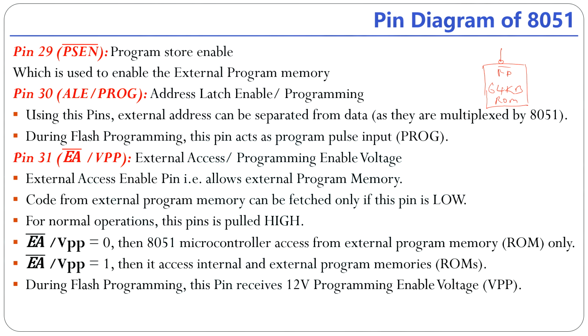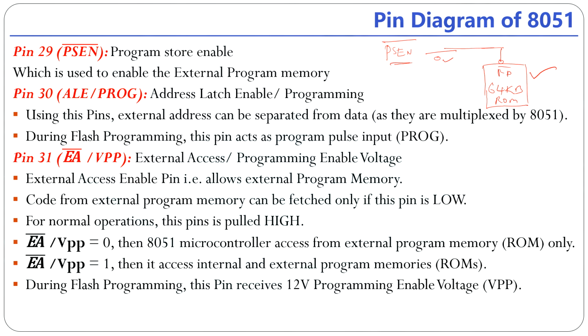This read bar control signal is connected to PSEN bar of our 8051 microcontroller. So when it asserts, the 8051 microcontroller asserts logic 0 on the signal, representing that the 8051 is reading the data from external program memory.